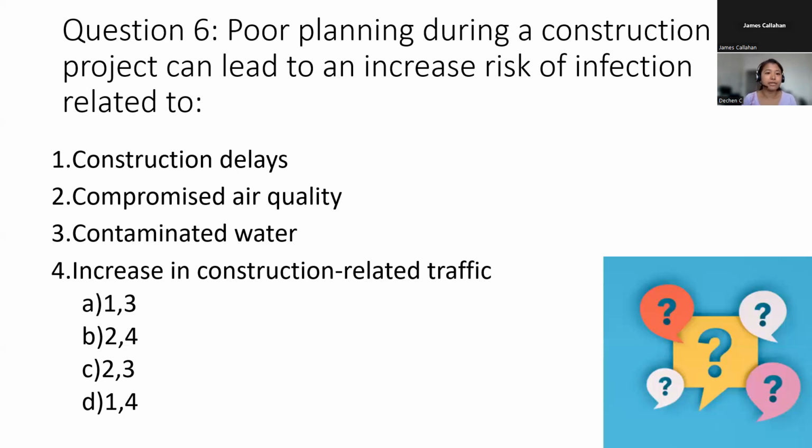Okay, so the answer is C, which is 2 and 3, and that's compromised air quality and contaminated water can lead to a potential infection control risk when you're planning a construction project. The other two do not really increase our risk. They may just be an issue with scheduling and other related tasks.